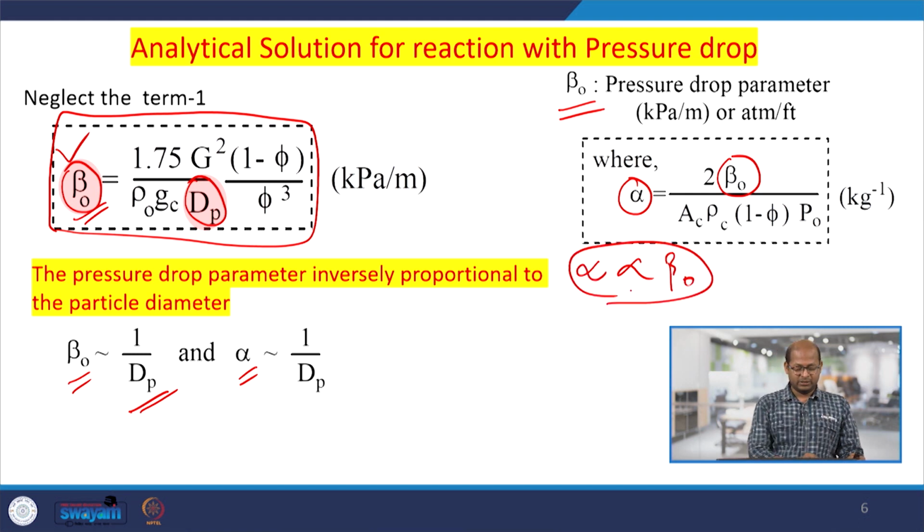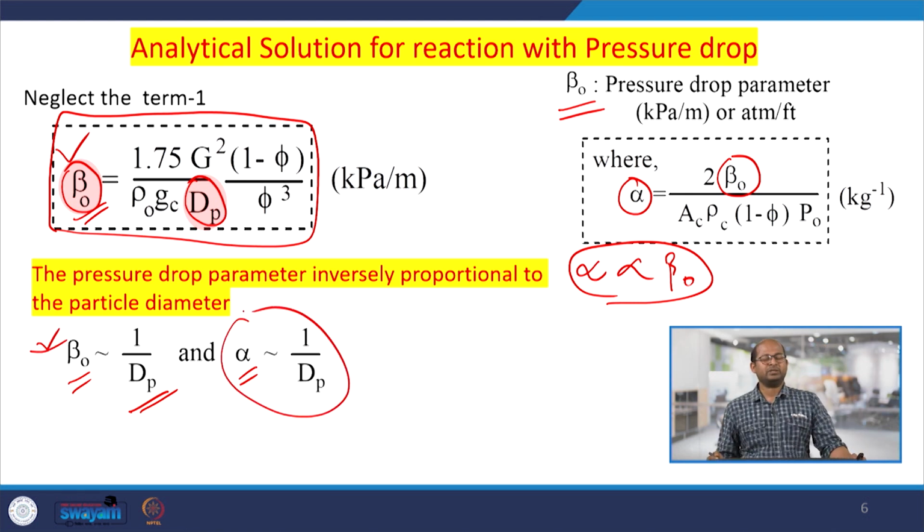So if we increase the catalyst particle size, alpha and particle diameter are inversely related, they are inversely proportional.